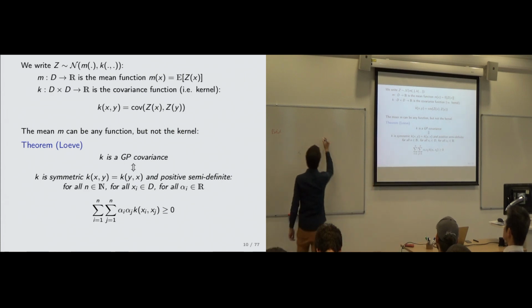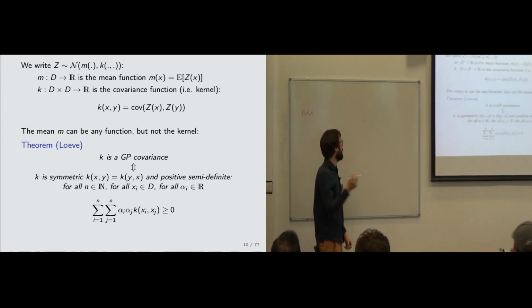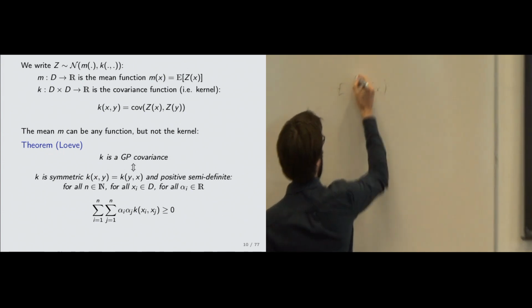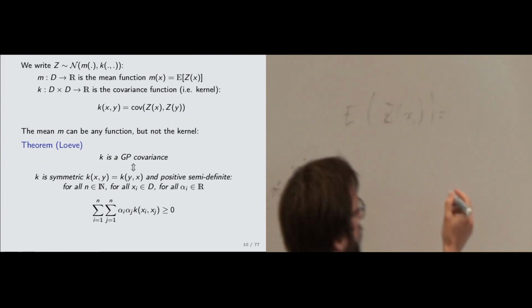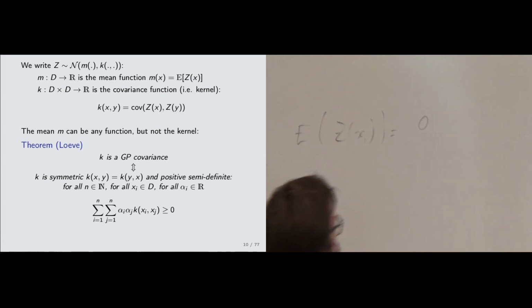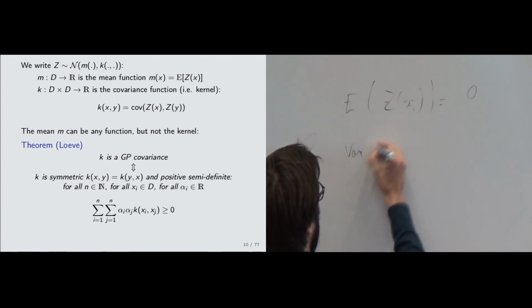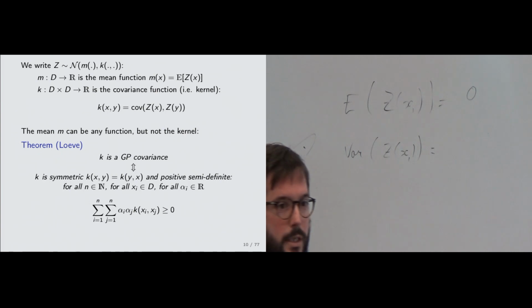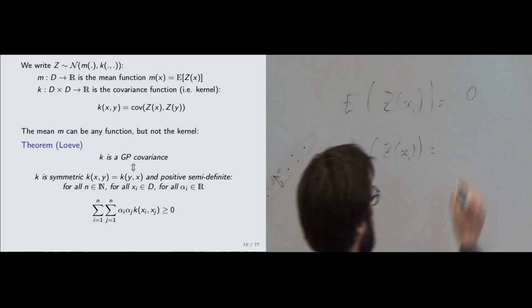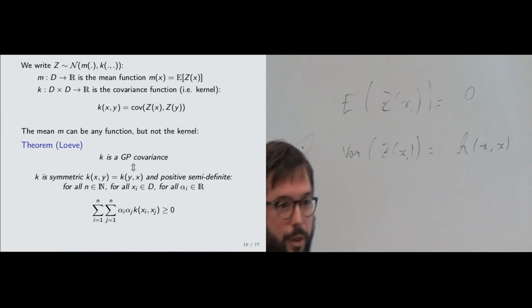So I will have my GP in x1. This is just one random variable. I can compute the expectation of this random variable, and in this example I chose something that was 0. And I can compute the variance of this random variable, and this will be given by the kernel.